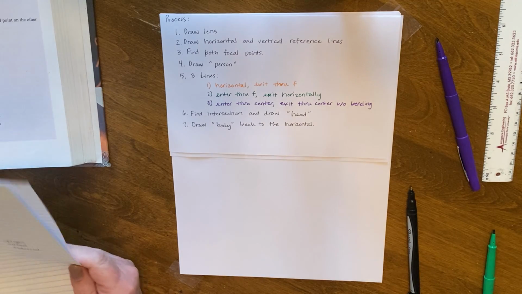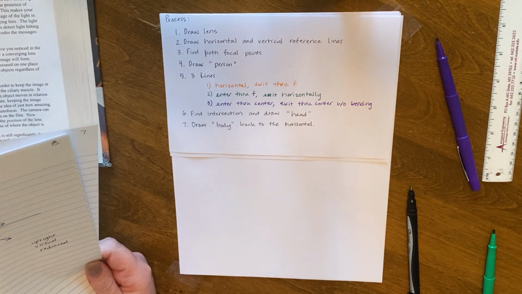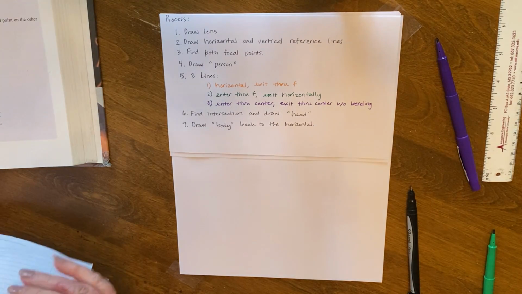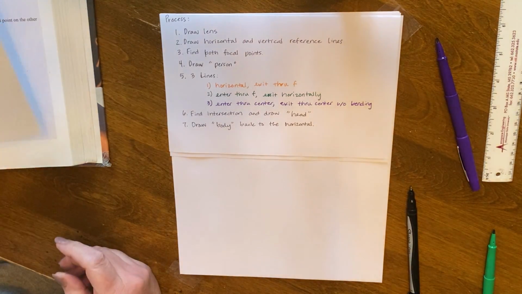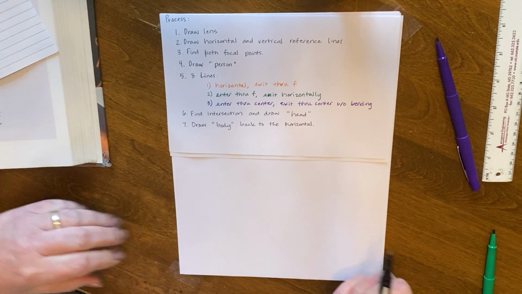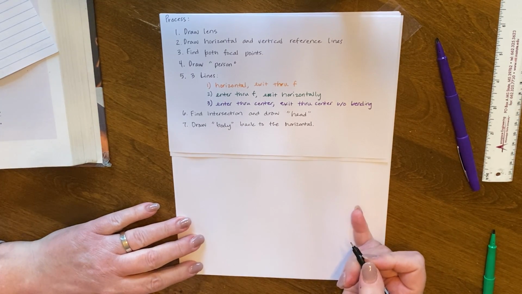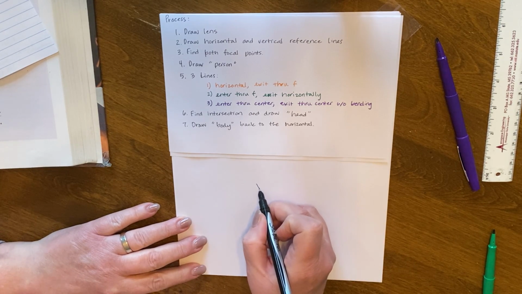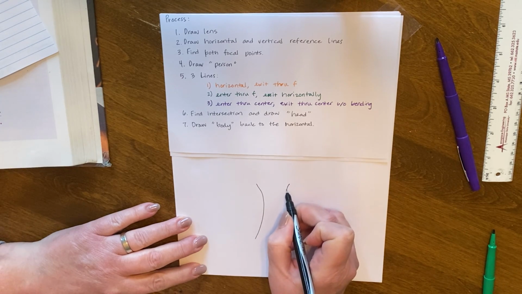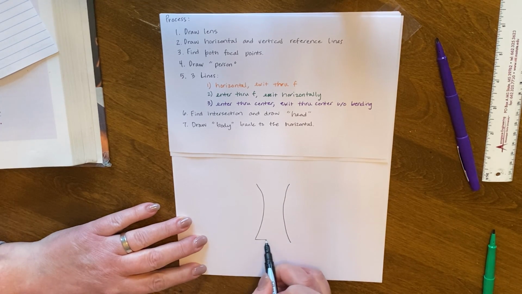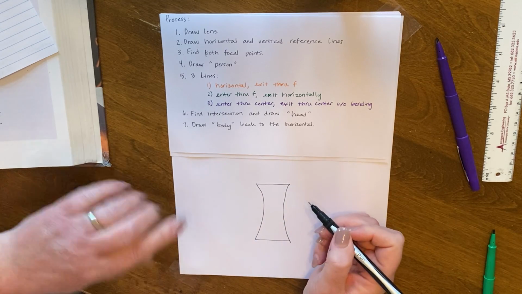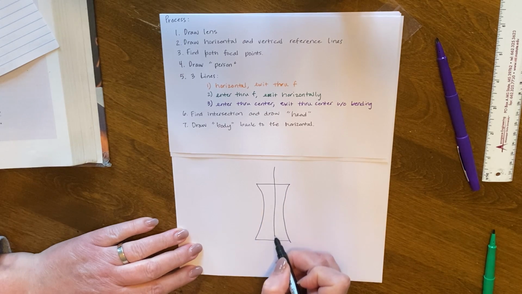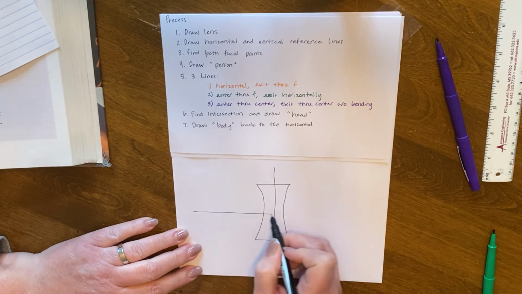Okay, so again, let's look at an example. Example 12.6, and this is on page 408. It says an object is 7 centimeters away from a lens that has a 5 centimeter focal point. It doesn't exactly say what kind of lens, but we're talking about diverging lenses. So we're going to follow our process. Number one is draw our lens. Now we're going to draw our vertical and horizontal guidelines.